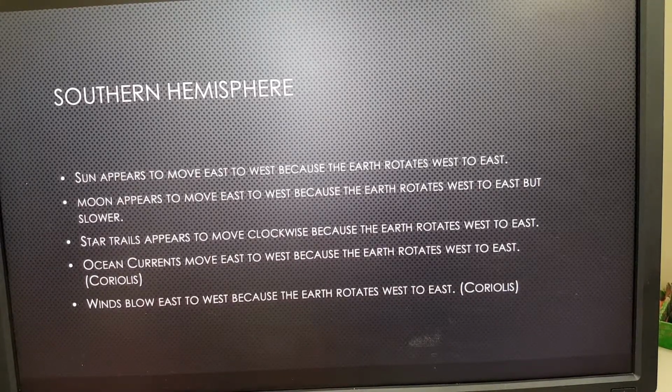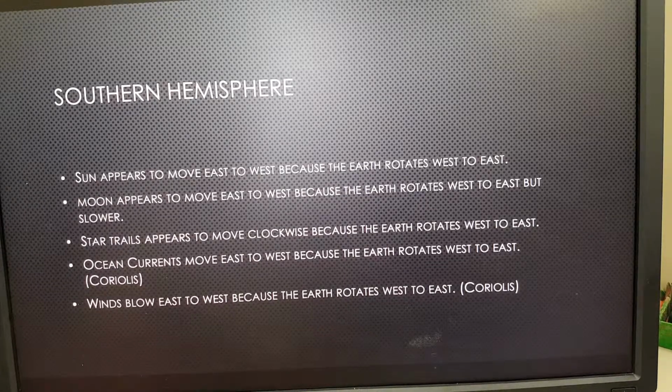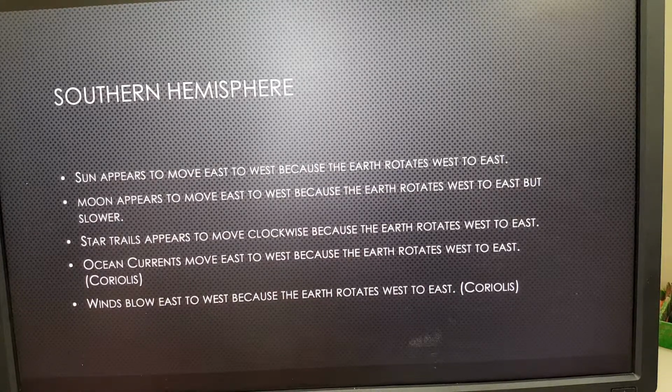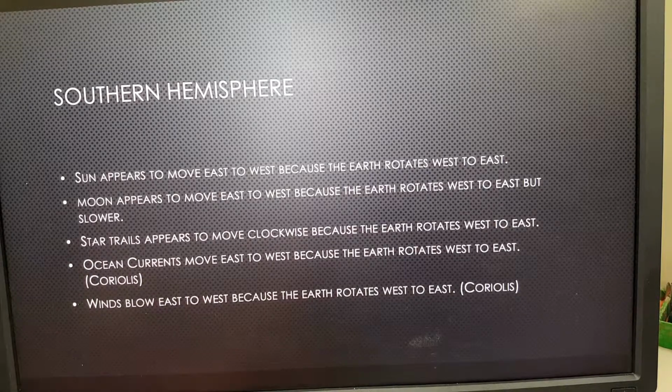Star trails appear to move clockwise because the Earth is rotating west to east. Ocean currents move east to west because the Earth rotates west to east. This is the Coriolis effect again. Winds blow east to west because the Earth rotates west to east, and this is because of the Coriolis effect.